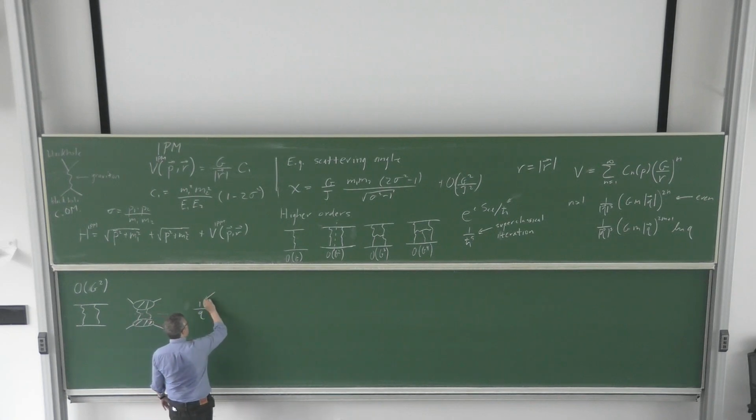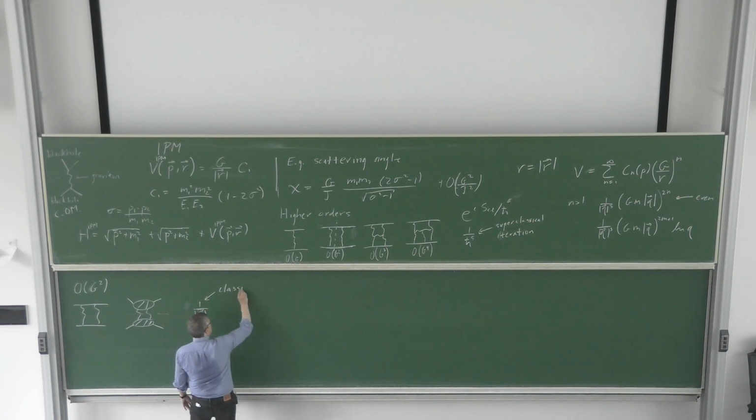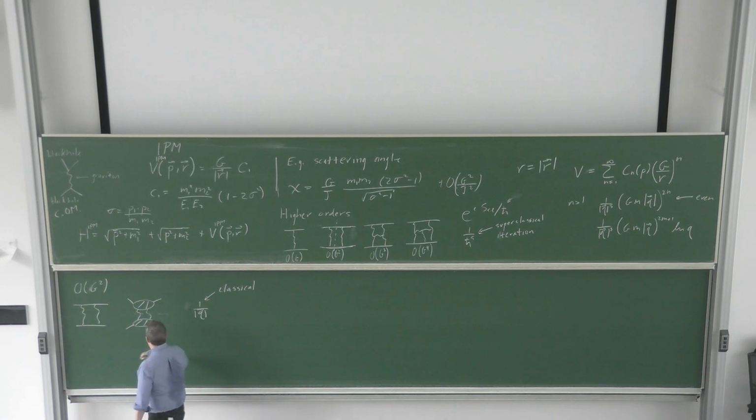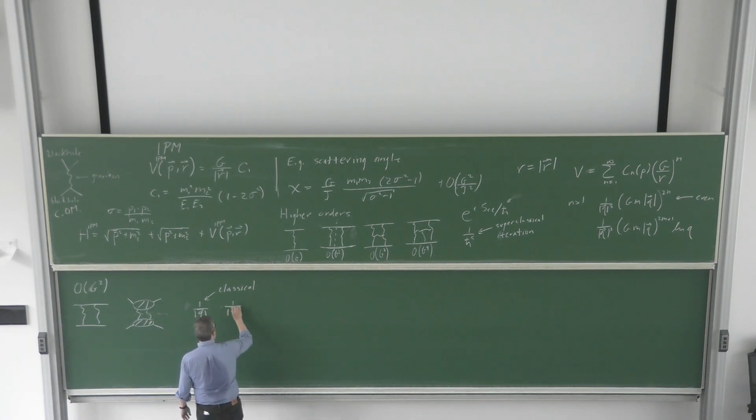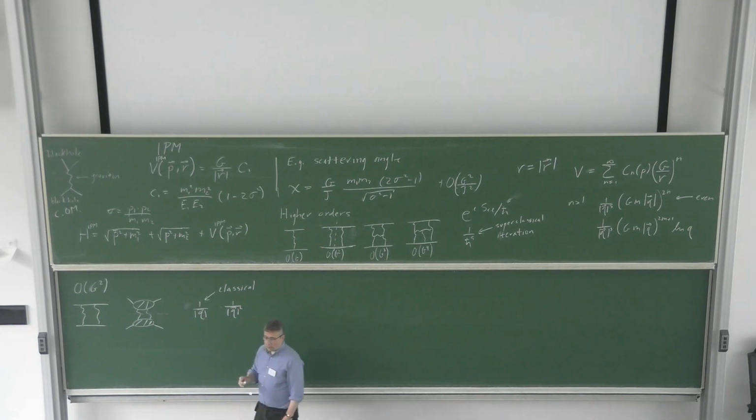So this is classical. But remember, there's iteration. So I'm also interested in 1 over q squared. I'm interested in 1 over q squared because I want to track it to make sure that it all cancels out properly, or that I account for the fact it's just an iteration, and identify it as an iteration. And anything that goes like q to the 0, I just cross this out. I'm not interested in that.